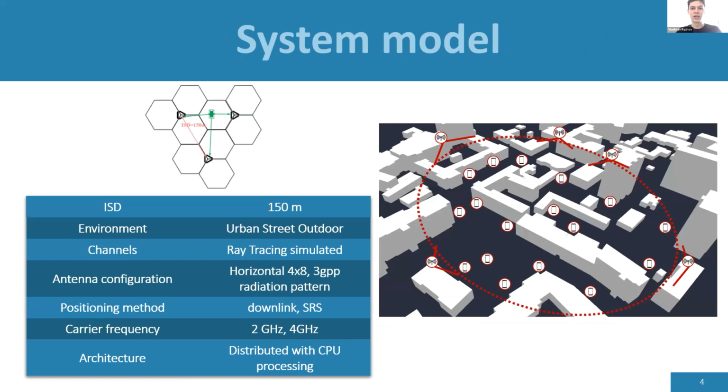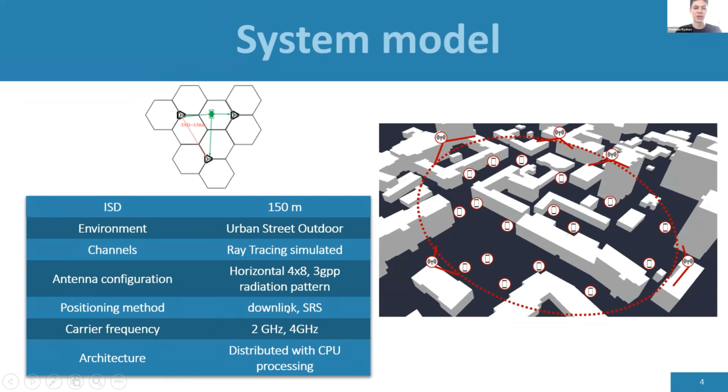So let's look at their system model. We can see a typical outdoor urban environment model. We modeled channels via a developed C++ ray tracing simulator, and the antenna configuration is typical: a horizontal array, 3x8 antenna elements, and a 3GPP radiation pattern.